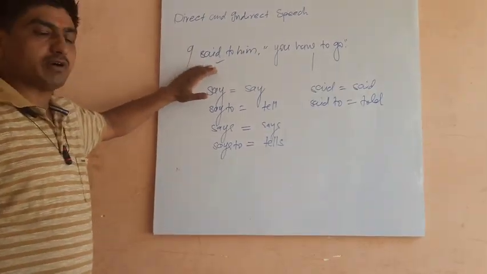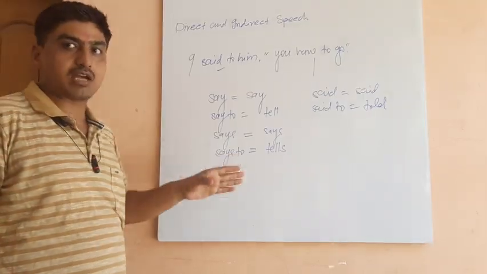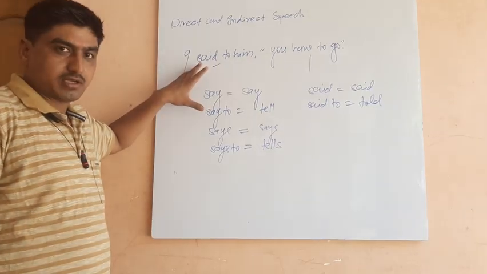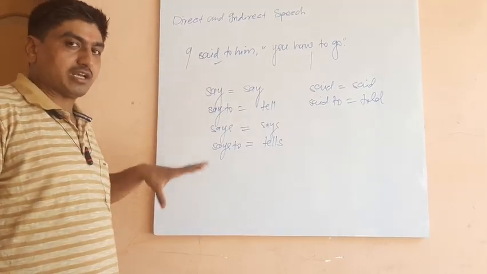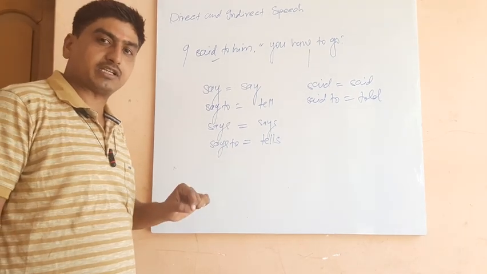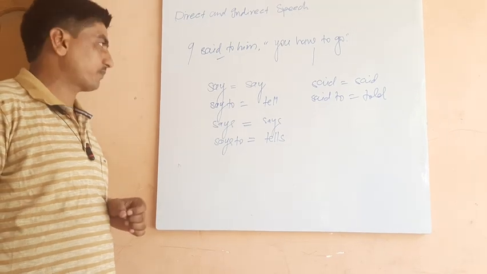The reporting verb can be in present, past and future, all tenses. We are talking only of assertive. If you understand assertive well, I hope very easily you can understand interrogative, imperative, exclamatory and optative sentences. It will be very, very easy for you.